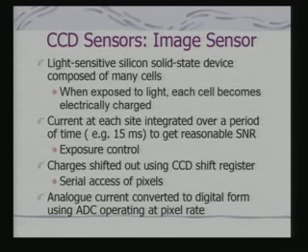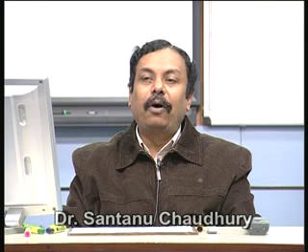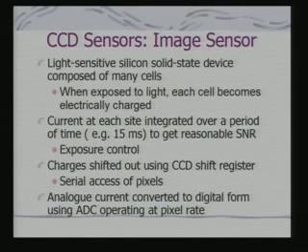We shall look at some example sensors. A very common example is the CCD sensor, which is used in cameras for sensing images. Either CCD or CMOS sensors you will find in common digital cameras, which are a very commonly used embedded system. The CMOS sensors you will find on your cell phones.